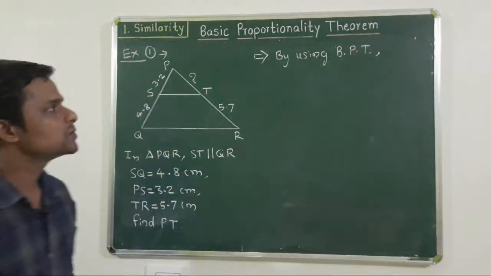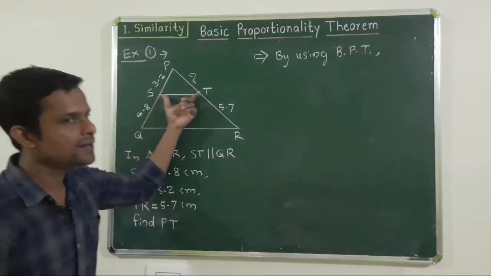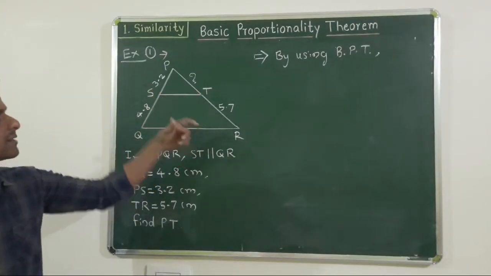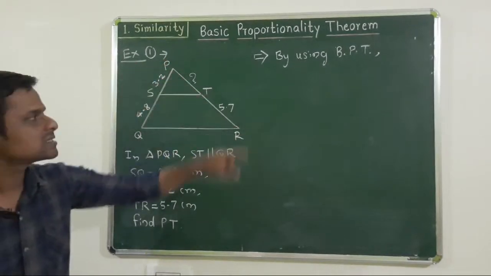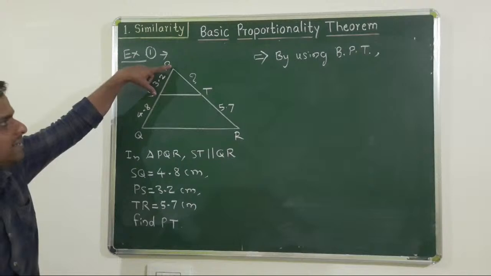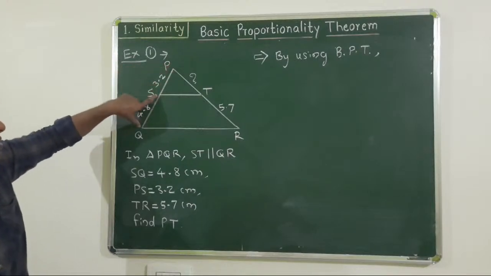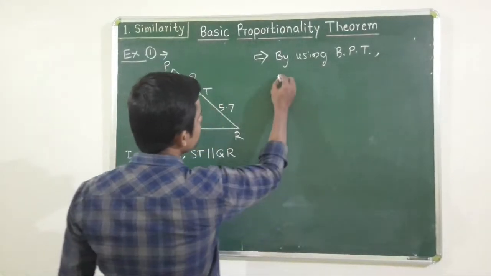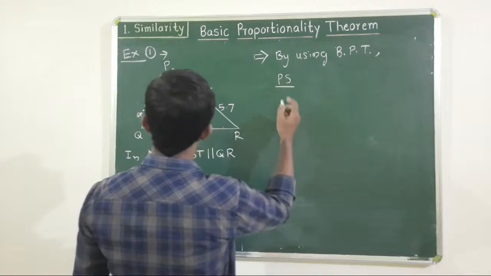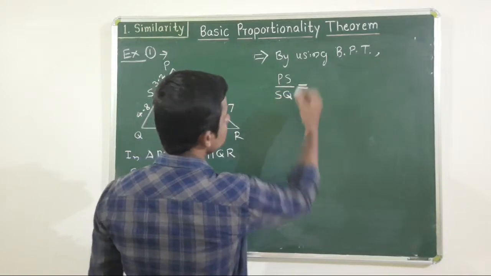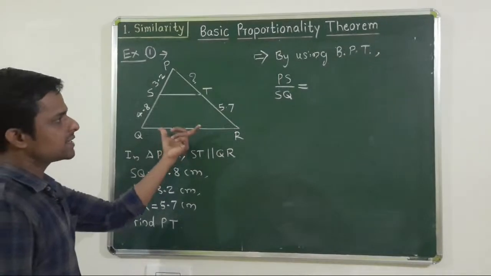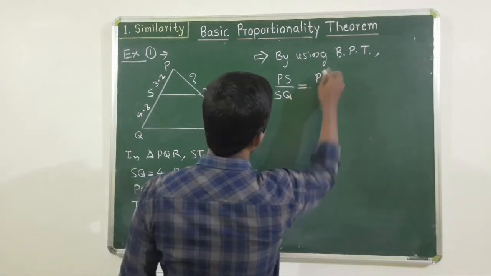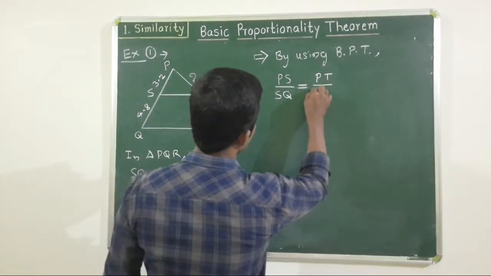By using BPT, if a line is parallel to one side of a triangle, then that line divides the other two sides in the same proportion, so we can write PS upon SQ is equal to PT upon TR. This is possible only if the line is parallel to one side.